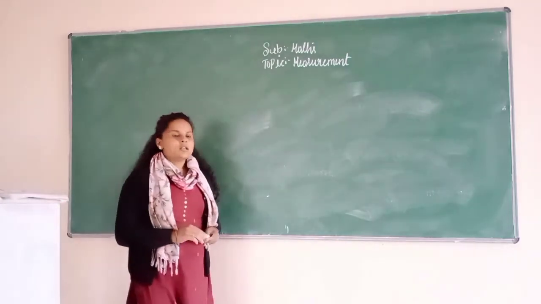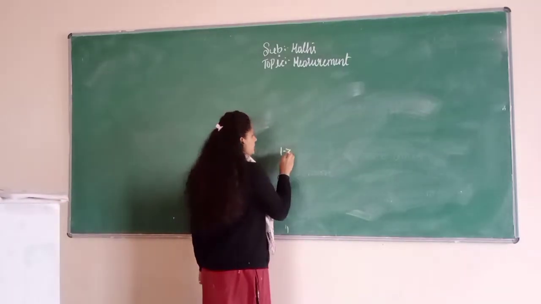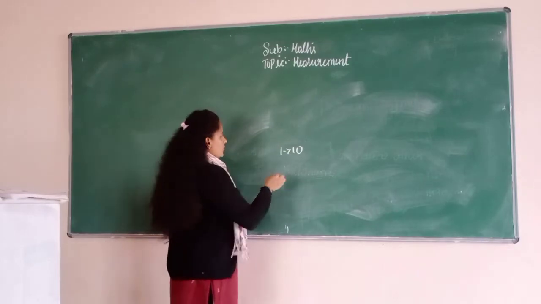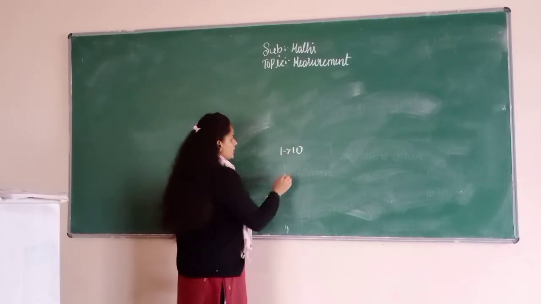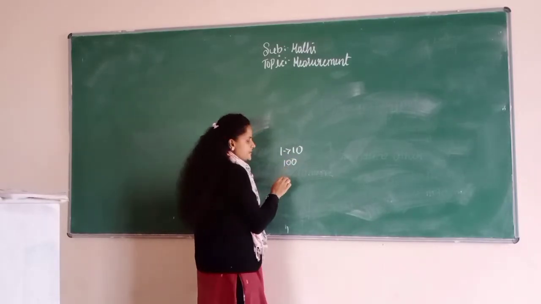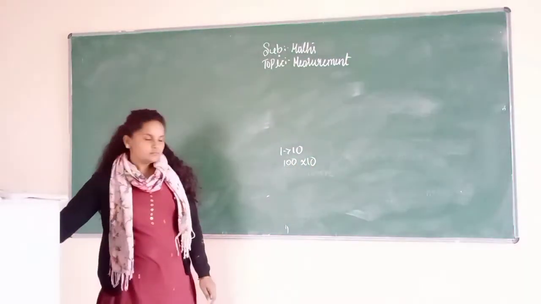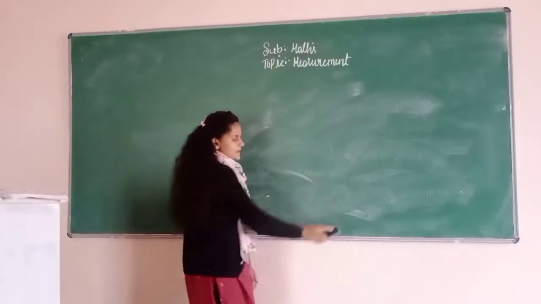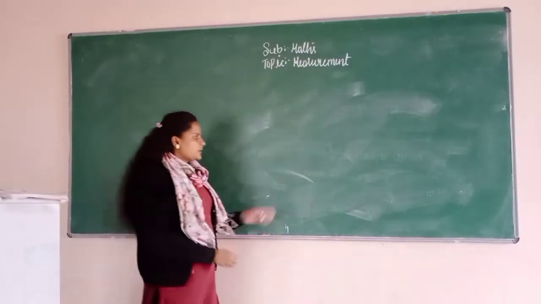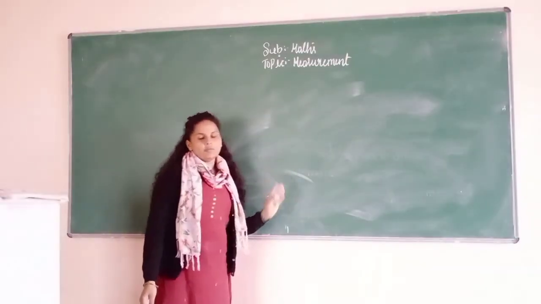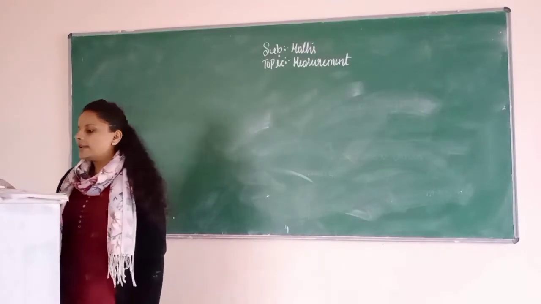One bus is 10 meter, and one behind the other it is standing, so 100 school buses. 100 into 10 will be 1000. So 1000 meter means 1 kilometer.